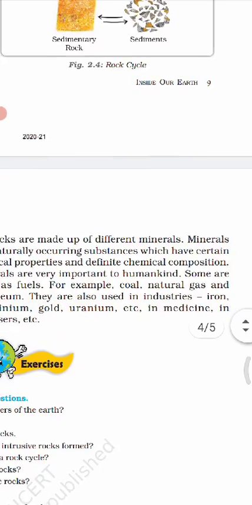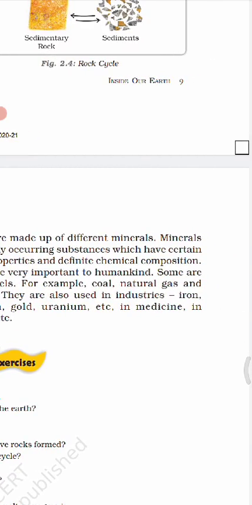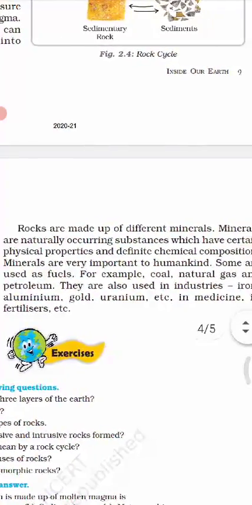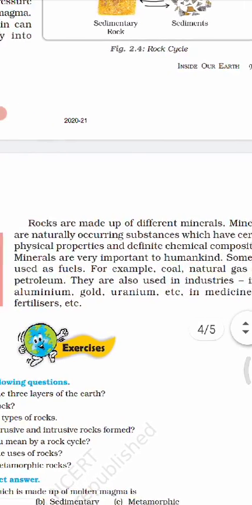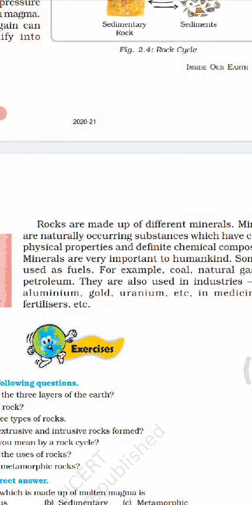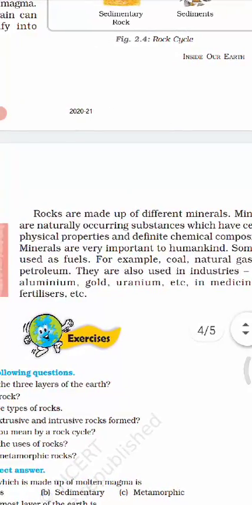So minerals are very important to humankind. Some are used as fuel, for example, coal, natural gas, and petroleum. They are also used in industries: iron, aluminium, gold, uranium, etc.